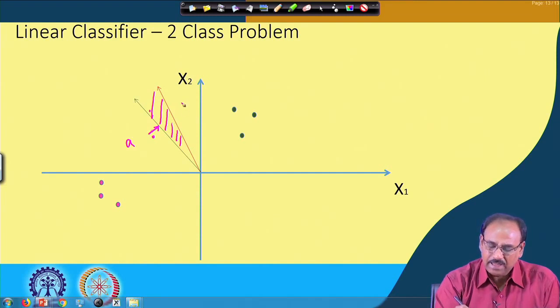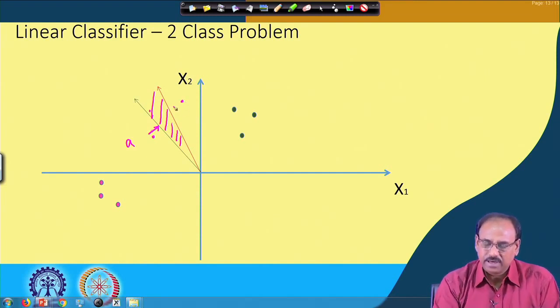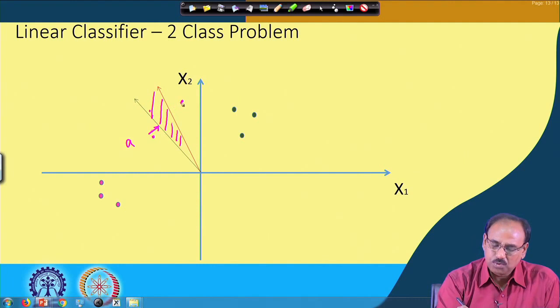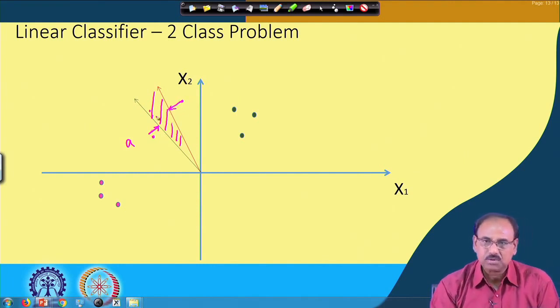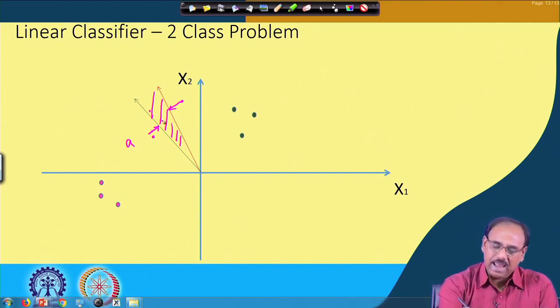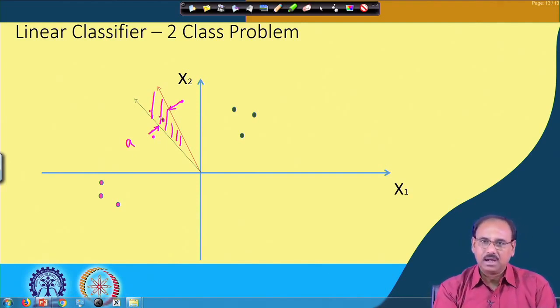Or at any instant of time, if my solution vector A is on this side, I should push it in this direction, towards the solution region, so that eventually my vector will land in the solution region and I get the proper separating boundary.